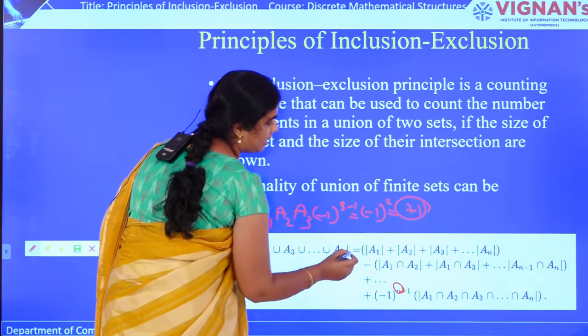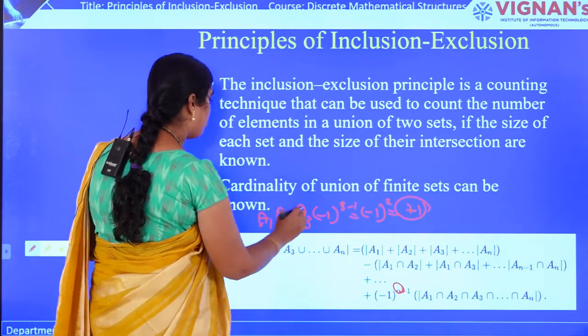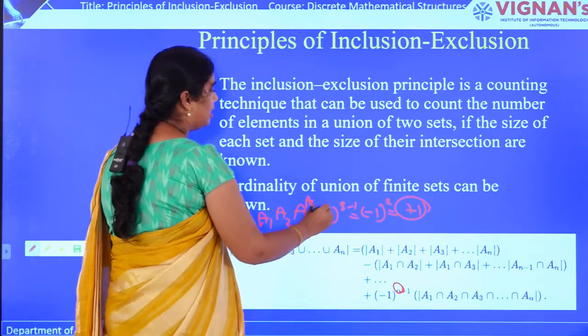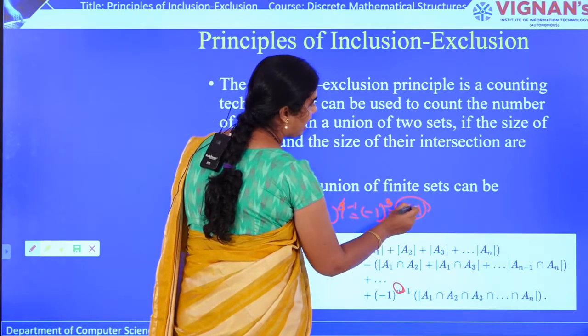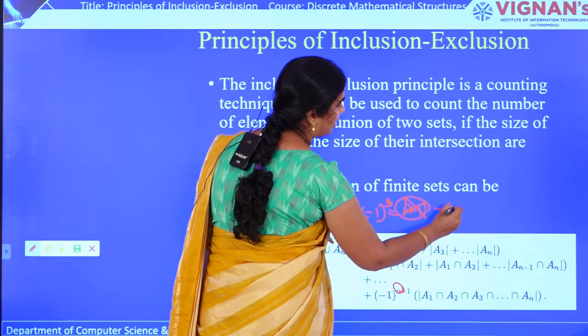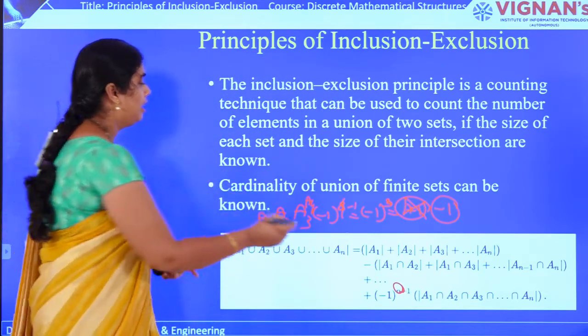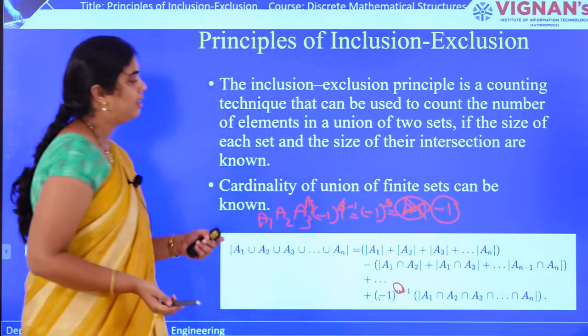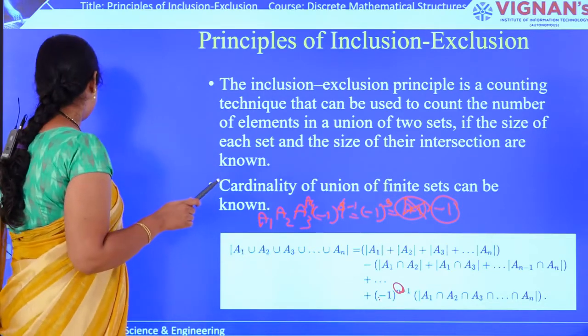So in that case the intersection gets a positive sign. If I am given 4 sets, A1 to A4, then n will be 4 and the power will be 3, and I get minus 1. In that case the intersection of all those sets will be negative. So this sign is dependent on the number of sets that are given.